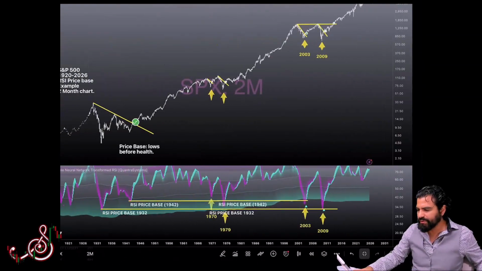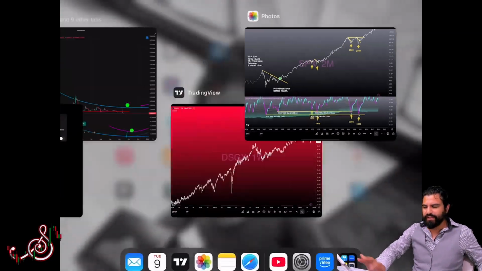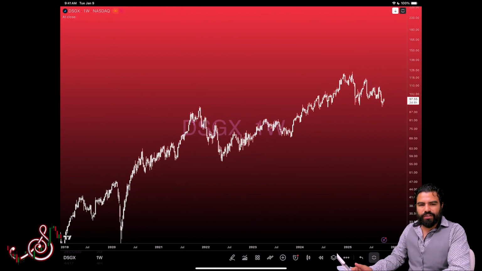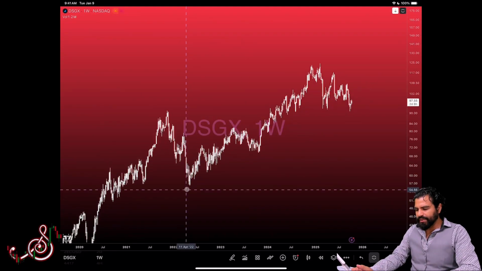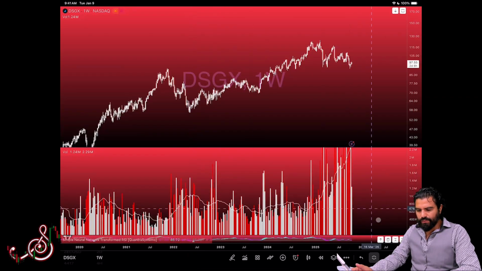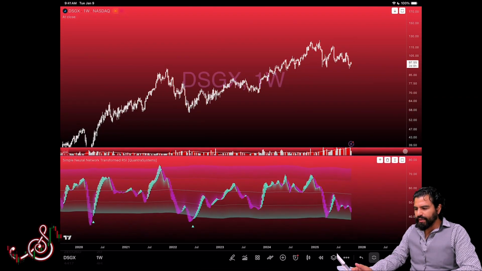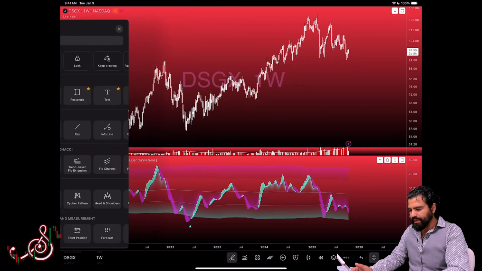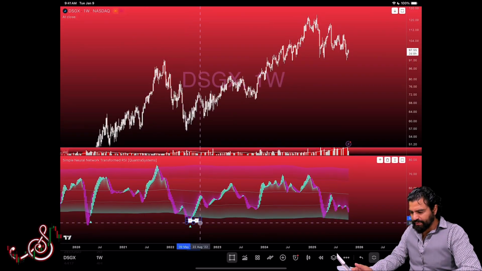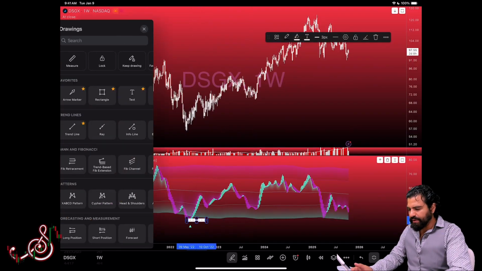So let's use this to our advantage by finding our more relatable and corresponding bottoms. Here's a bottom in 2022. Let's see in RSI where it's playing out. Let's mark it with RSI price base. So here's the price base for RSI. We're going to mark the origin.